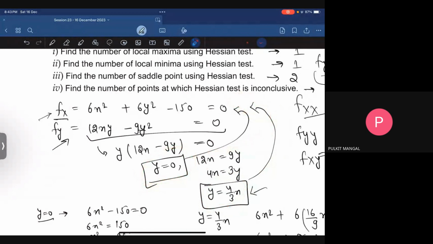Then it will be just, you can say, critical points, right? Let's say you are getting only 1 as your value of x on putting y equal to 0, and also when you put y equal to 4 by 3 x, then there will be only 2 critical points, sorry, 1 comma 0 and 1 comma 4 by 3.